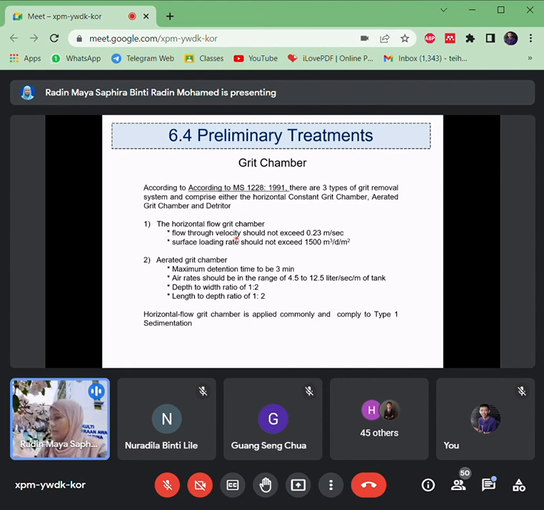Muhammad Shukri, what's the function of the grit chamber? Muhammad Shukri bin Jalal. Muhammad Shukri tak ada. Norliana Aida. Norliana Aida ada? Semua dah tak ada ke macam ni?